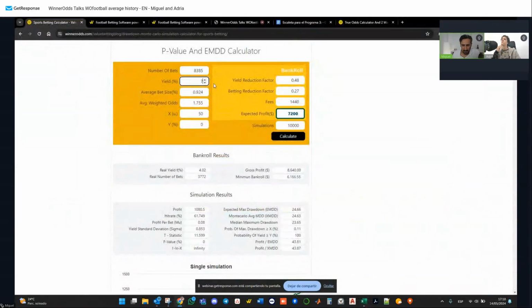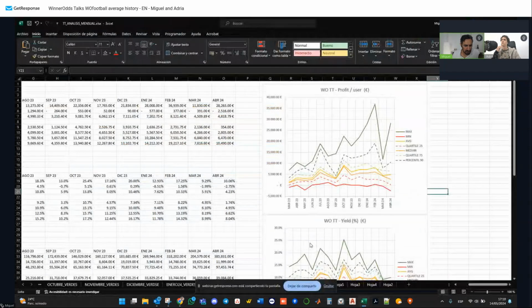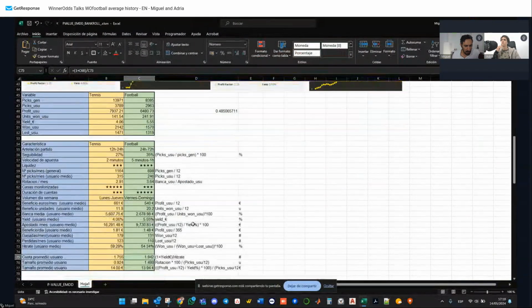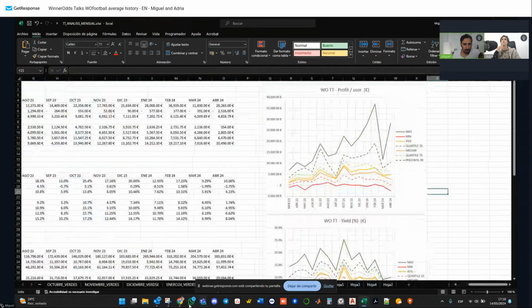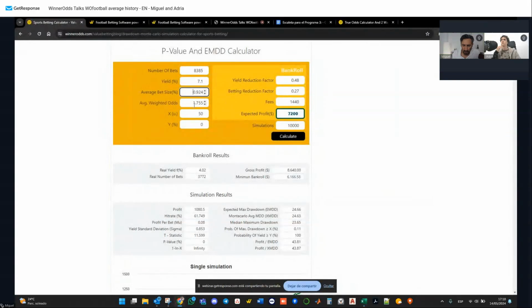The average bet size here is 1.48 in this case. Average weighted odds was around 2.194.